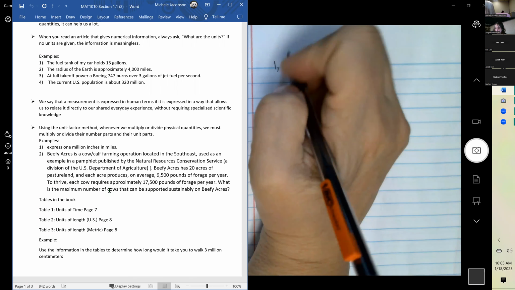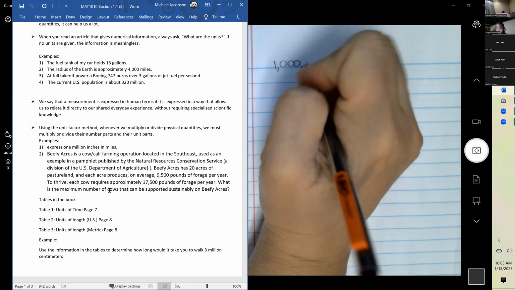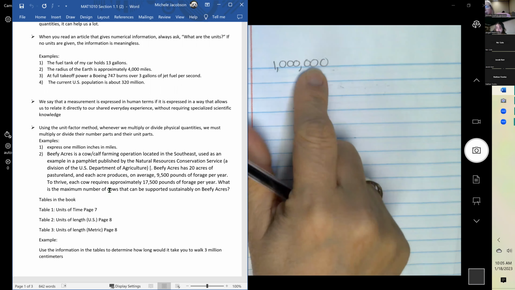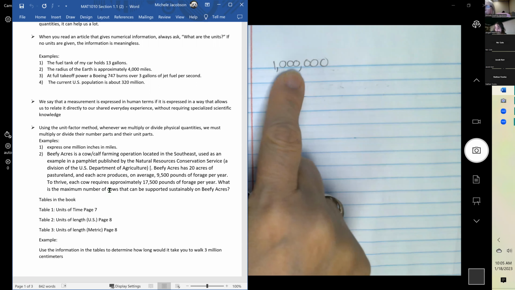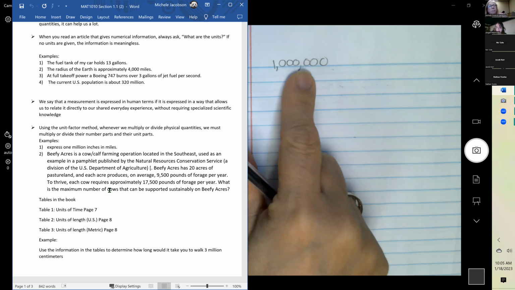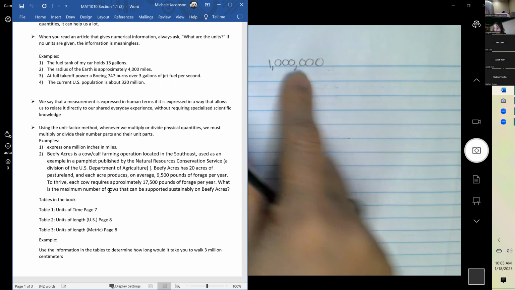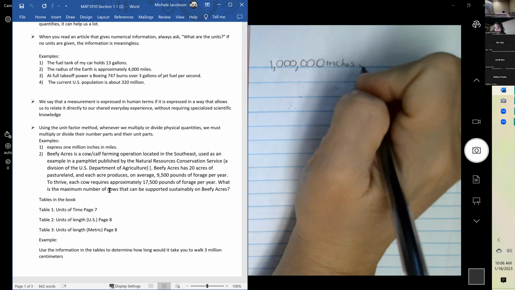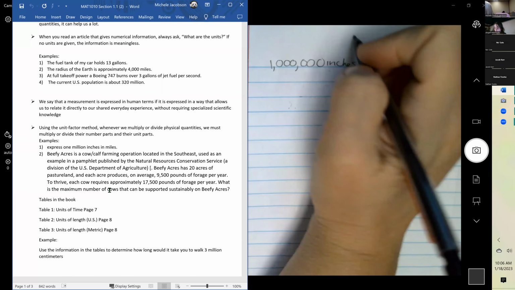So 1 million. That would be 6 zeros because the first set is 1,000, the next one's 1,000,000. If you want further, 1,000,000,000 and then 1,000,000,000,000. So 1 million inches, and we want to go to miles.